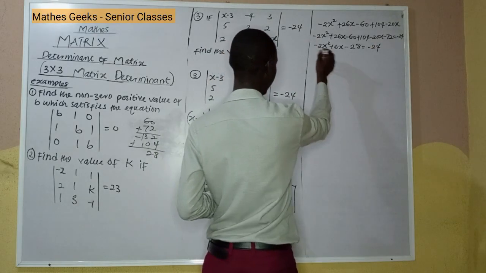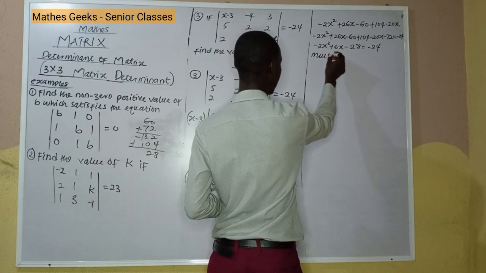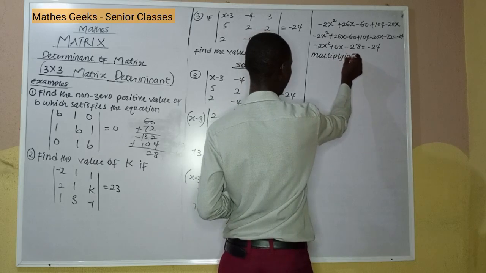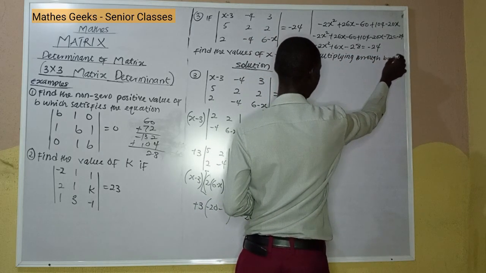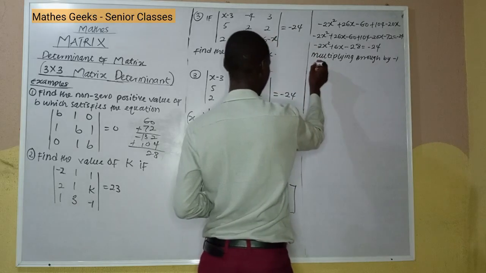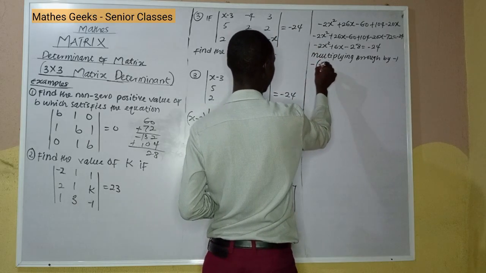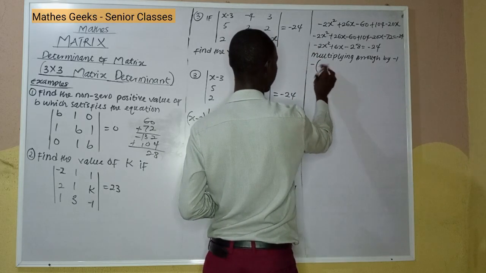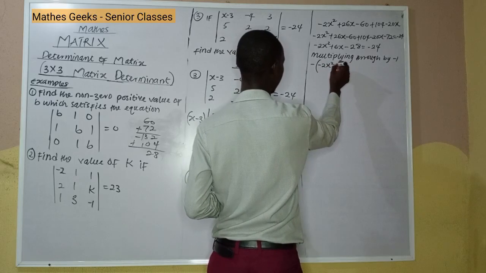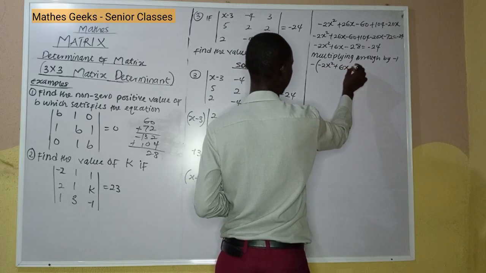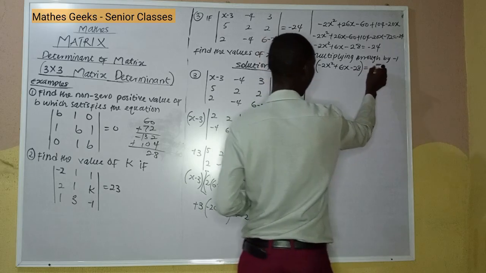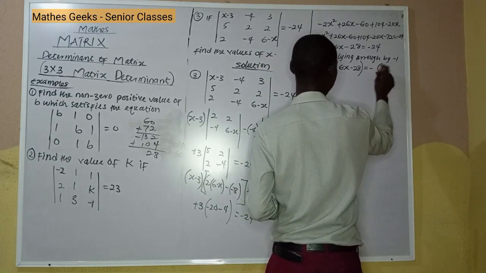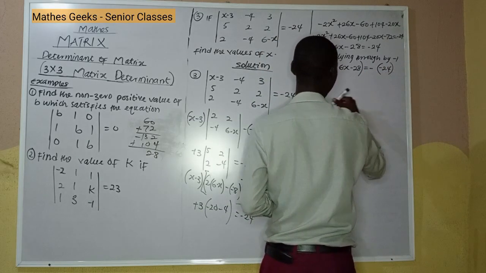We can rewrite this by multiplying through by minus 1. This will give us minus 2x squared plus 6x minus 28 plus minus 1, minus 24.